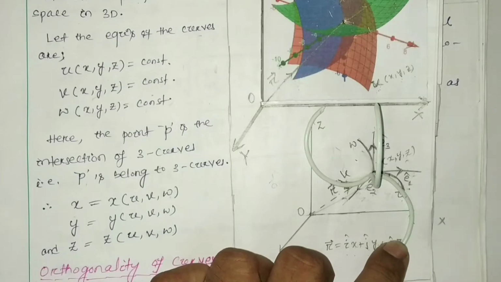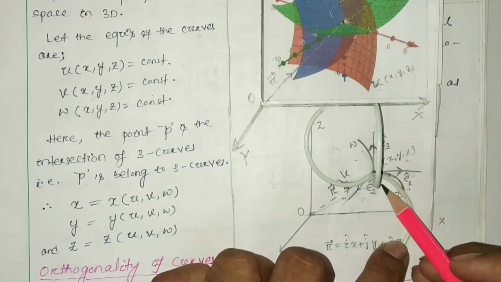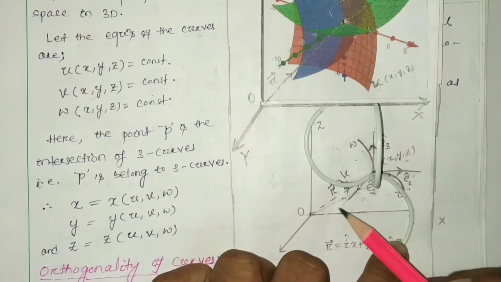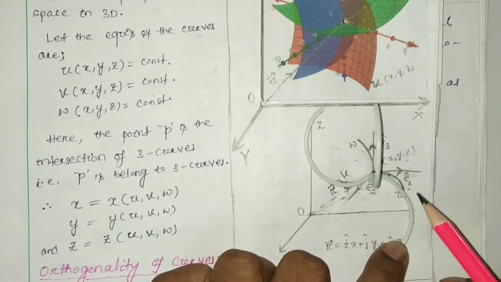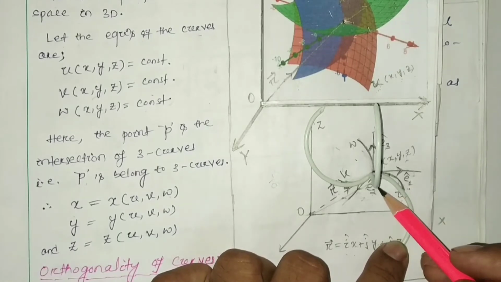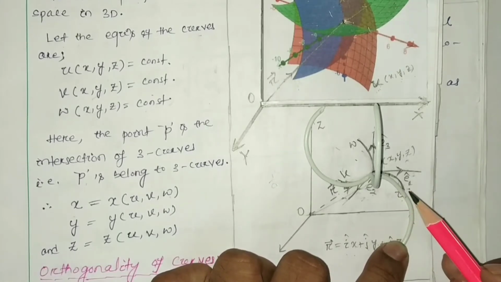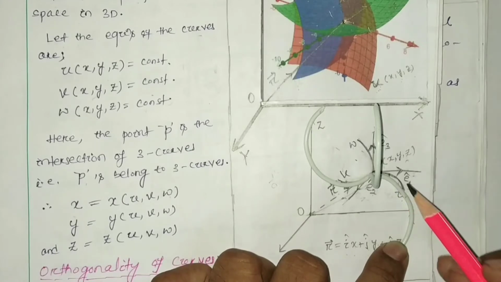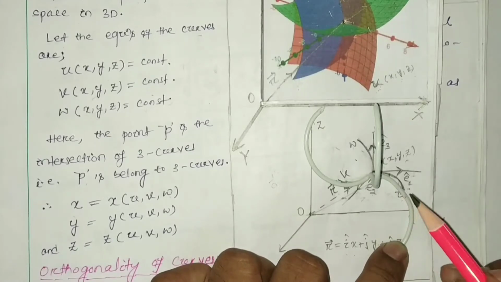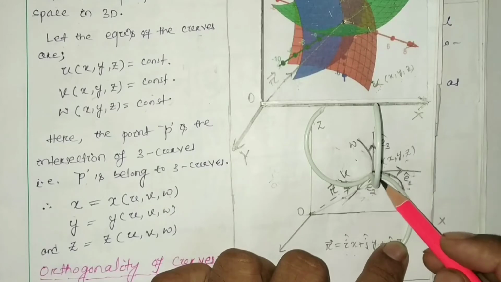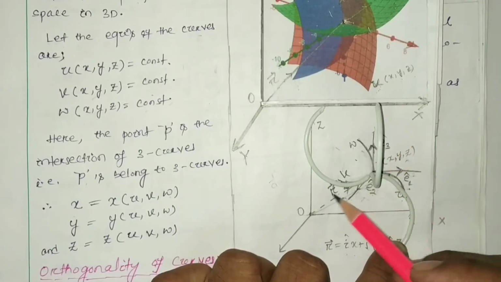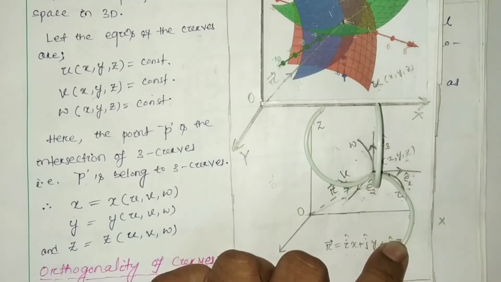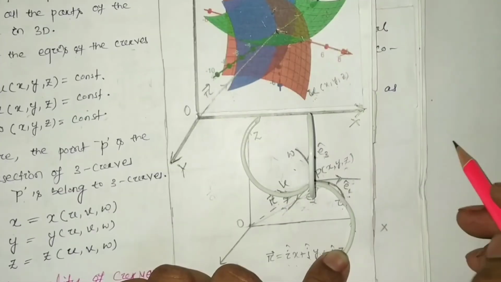As we have discussed many times, whether Cartesian, spherical polar or cylindrical coordinate system, any point is the intersection of at least three curves. So here you can see this U, this is your omega and this is your V.